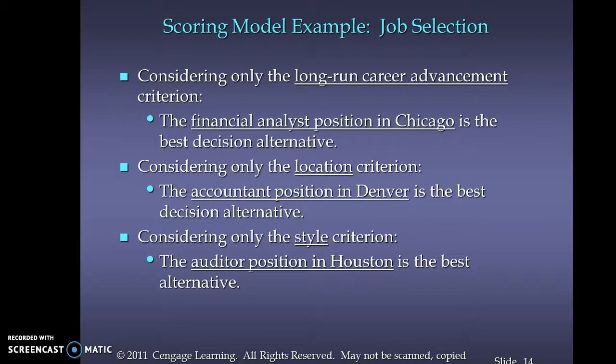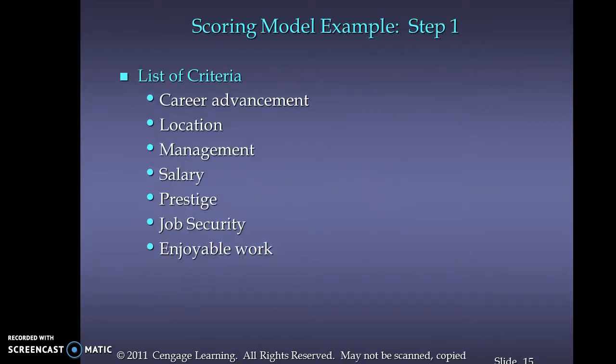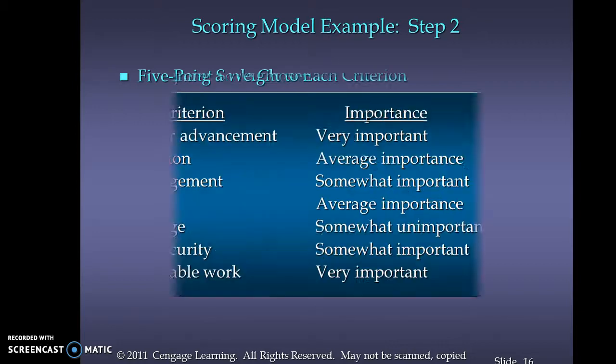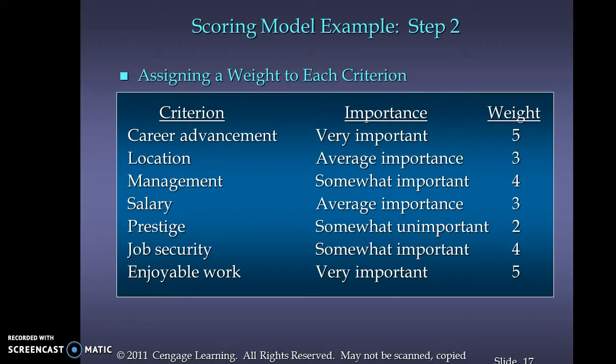There are different alternatives: going to Chicago, Denver, Houston, and so on, and there are different criteria: long-run career advancement, the location, the lifestyle, and so on. And those criteria are given weights, which use, in this case, a 5-point scale. You could use a 3-point scale, a 7-point scale, and so on. Whatever scale you want to use, there are different types of scales in the real world, including 6-point scales, so you don't have a midpoint.